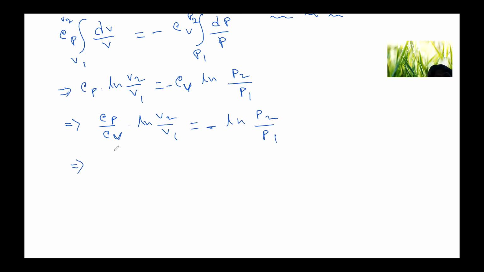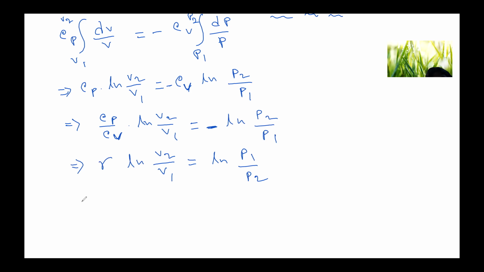Cp by Cv we know is gamma, so gamma ln(V2/V1) equals ln(P1/P2), reversing this because we are cancelling the negative sign.